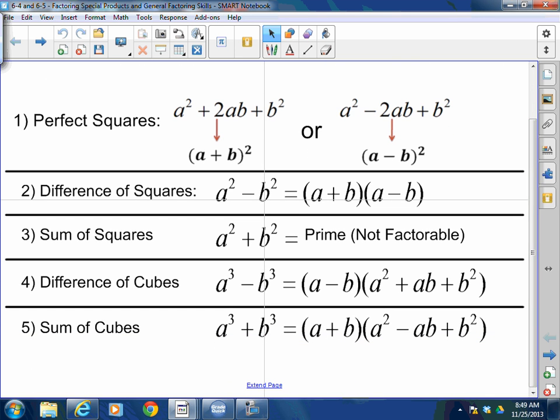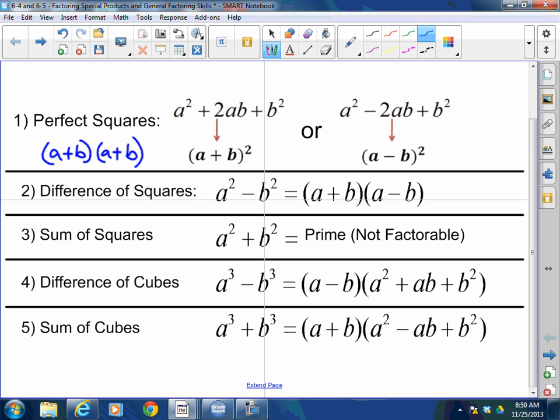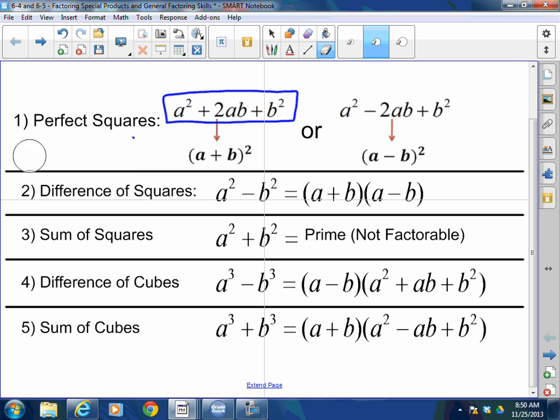First things first, my friends, we're going to talk about perfect squares. You saw this when you were multiplying binomials. If you have (a + b) squared, that turns into (a + b) times (a + b), and when you multiplied that, you would get a squared plus 2ab plus b squared. Let me show you how to work backwards today.